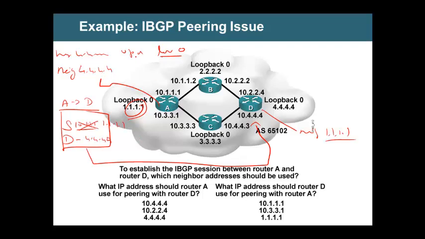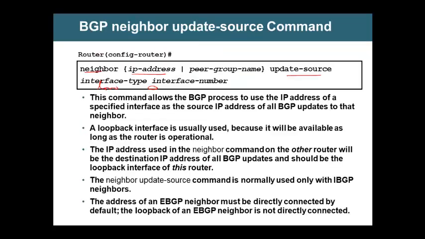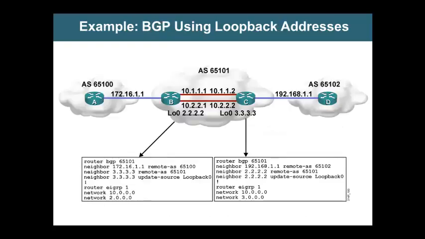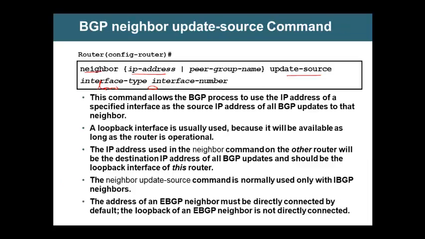Now, you see. In eBGP, it needs to be directly connected. If you say loopback, are they directly connected? They are not directly connected. Okay, now, see this example.